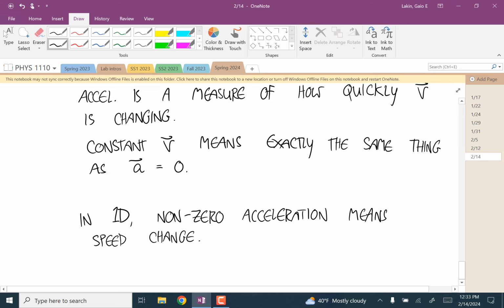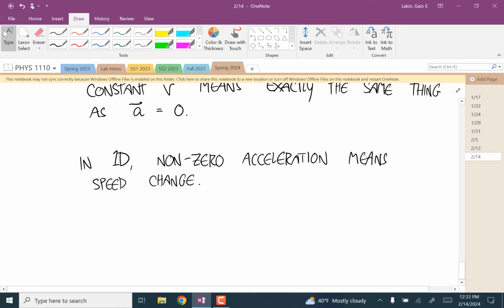In 2D, it gets more complicated. A non-zero acceleration vector can mean two things.